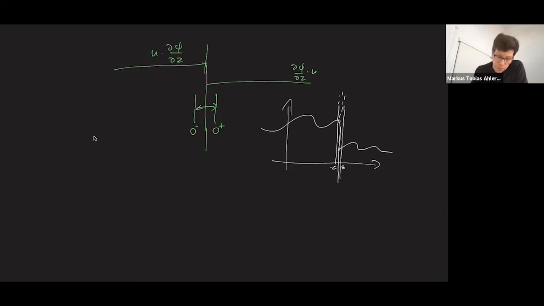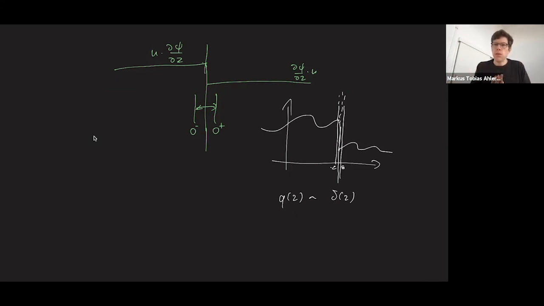The other terms, for example, the source term that was scaling like delta z: if we have a peaked contribution at the location of the shock, and we do the same exercise and integrate around the position of the shock, then this will always give us a constant value regardless of the size of epsilon here.